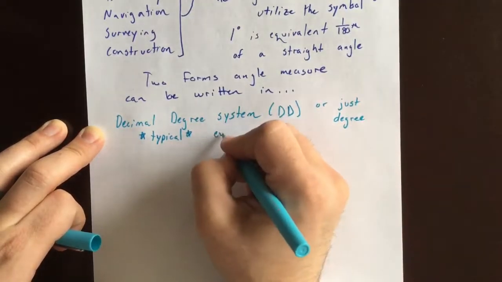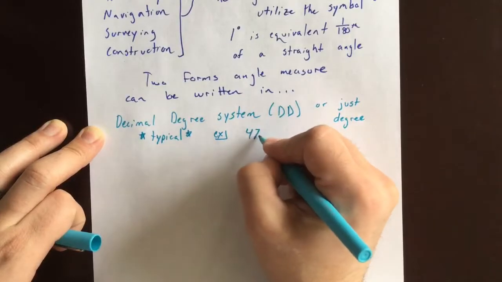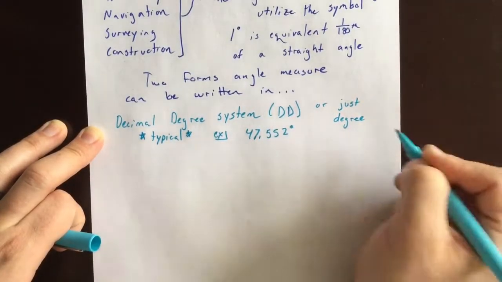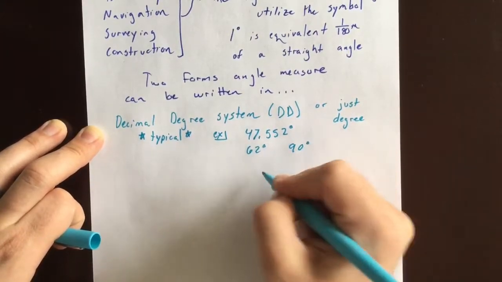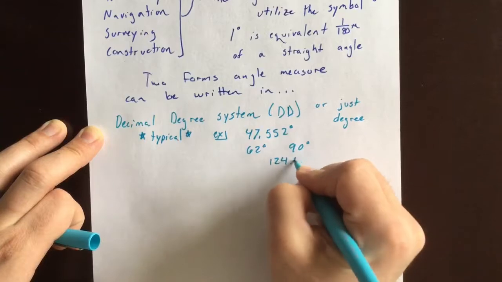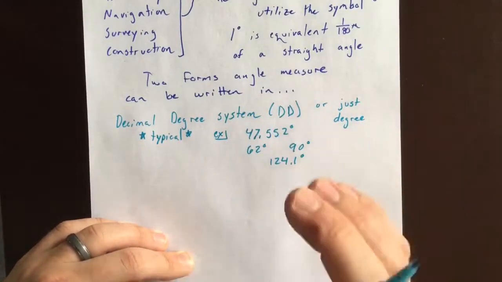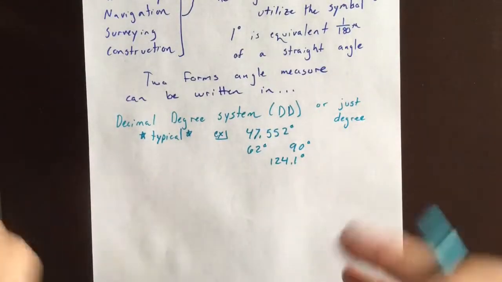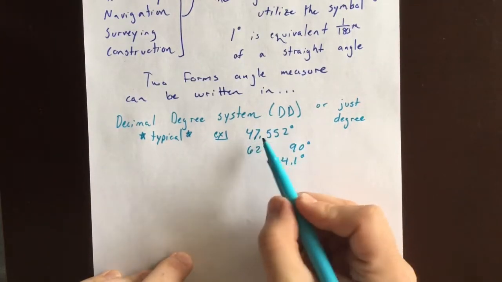So, you know, some examples of this form: 47.552 degrees, 62 degrees, 90 degrees, 124.1 degrees. This is the form that we're most comfortable with. This is the form that we get from our graphing calculator. It's the decimal degree system because, again, it's decimal degree.